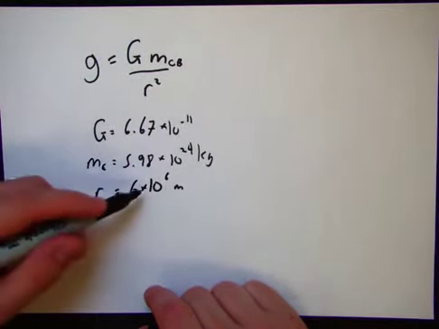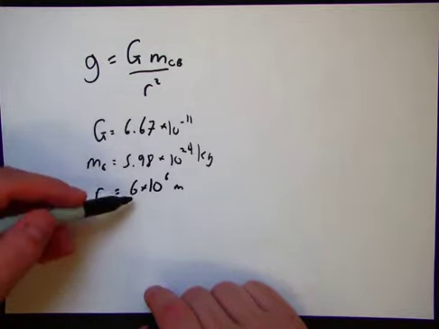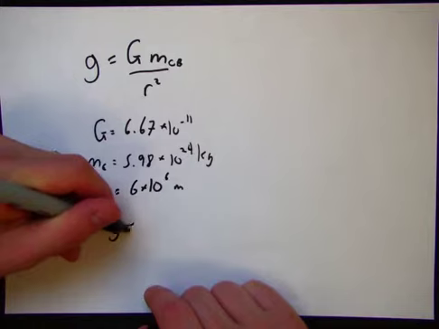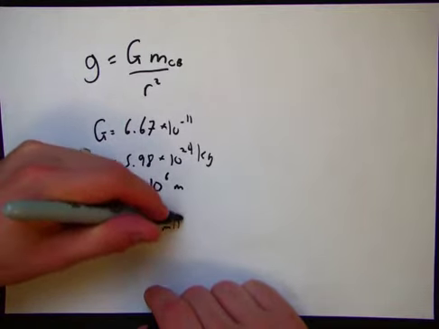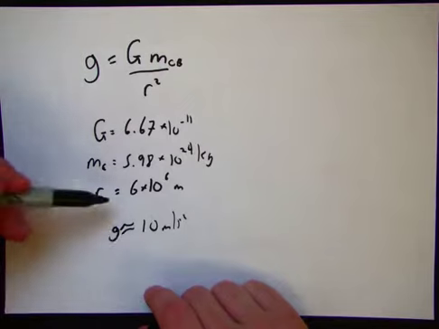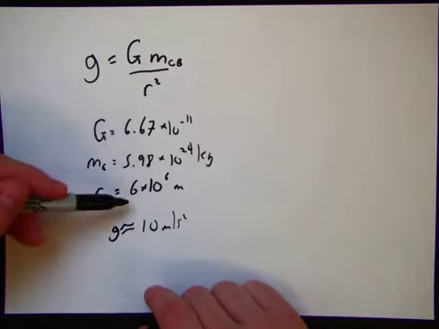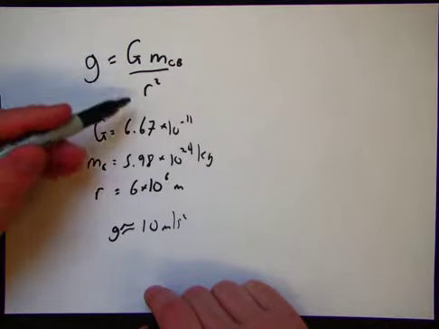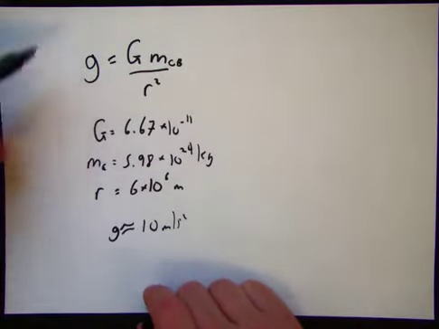It turns out if I plug these numbers in here, I'll get a value of approximately 10 meters per second squared. So that's where this comes from for the Earth. Again, I can stick in any numbers knowing that I have a constant, the distance away from the planet, and knowing the mass of the planet, I can figure out its acceleration due to gravity at any given moment.